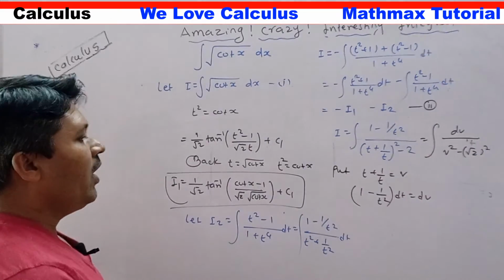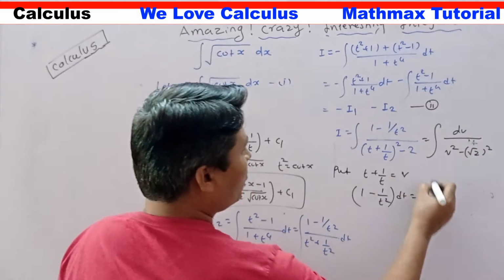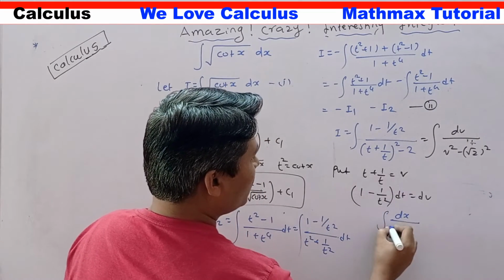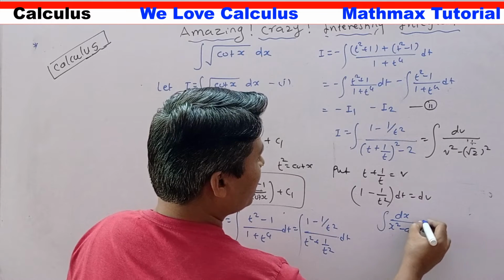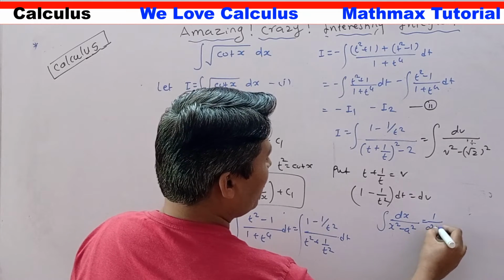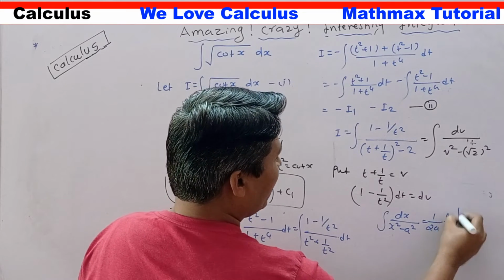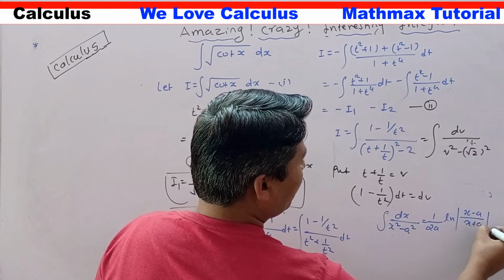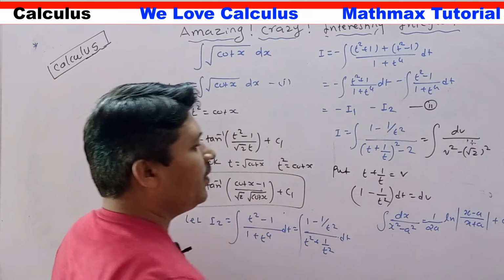We know the formula of this integral: dx upon (x square minus a square) is 1 upon 2a, ln mod of (x minus a) divided by (x plus a), plus, suppose this is c2.